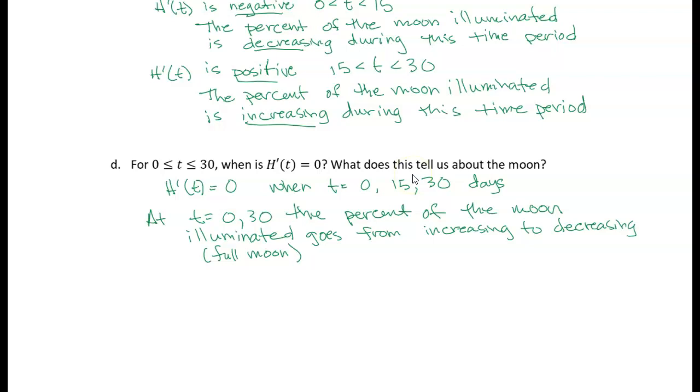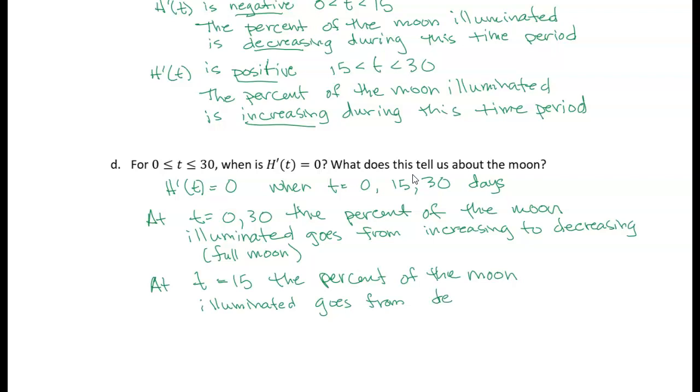Okay, so if we were to interpret that, we could say that at t equals 15, the percent of the moon illuminated goes from decreasing to increasing, right?